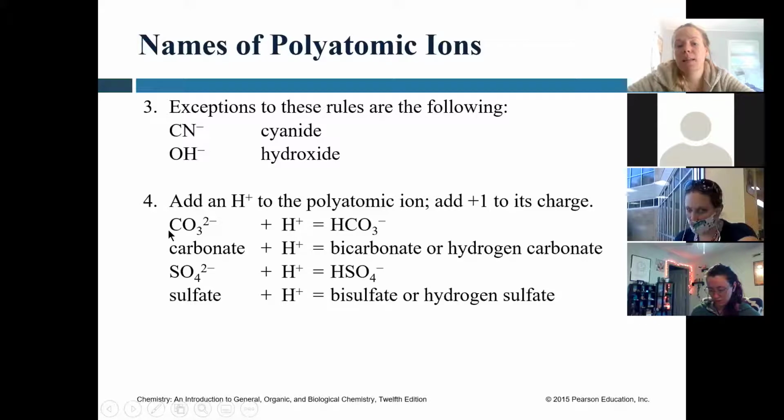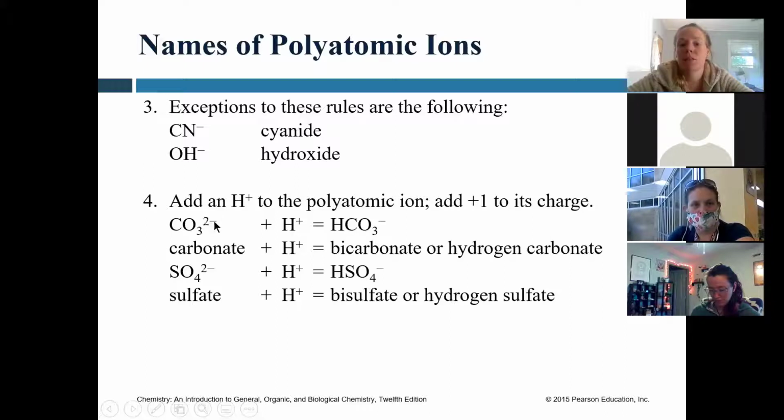We can take something like, for instance, carbonate, and if I add a hydrogen to it, hydrogen has a plus charge. You can see it's in column 1, it likes to form a +1 charge. So if I take carbonate and I add hydrogen to it, I get something you can name either hydrogen carbonate or bicarbonate, which is usually what we go with.